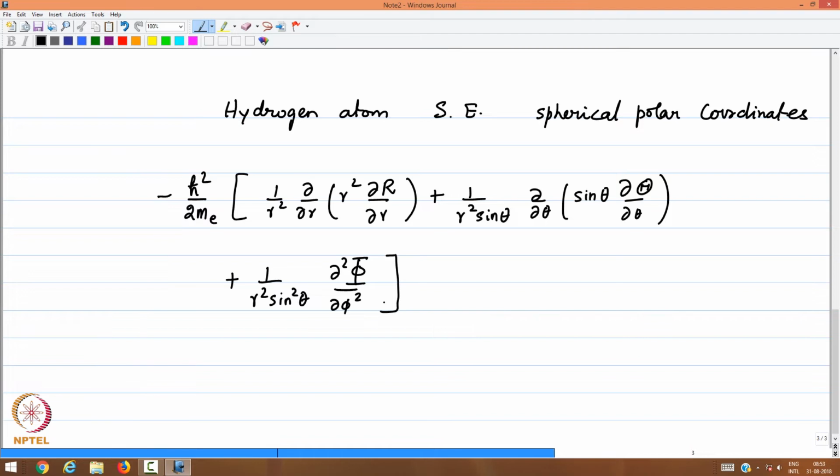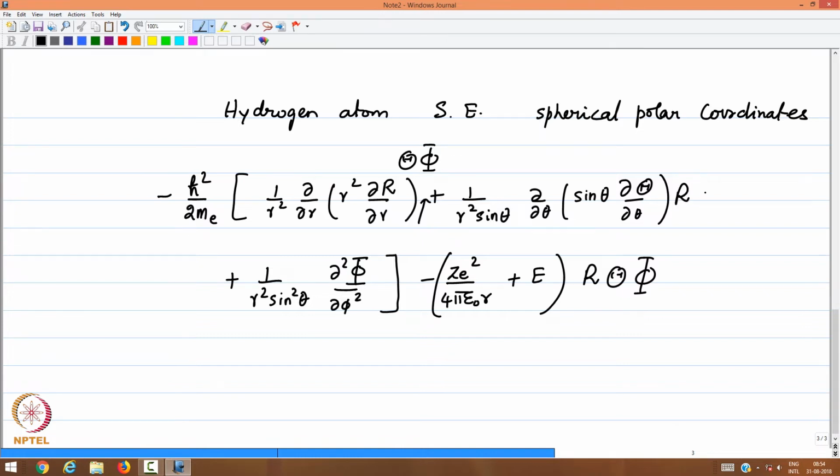All of this was kinetic energy, and then we had the potential energy term minus Z e square over 4 pi epsilon naught r plus E, multiplied by the radial function, the theta function and the phi function. And this was set to 0.